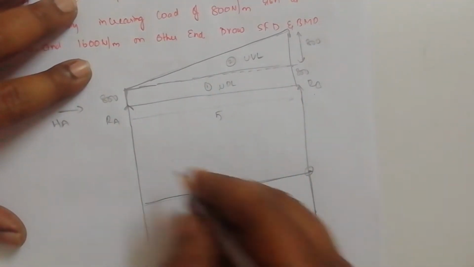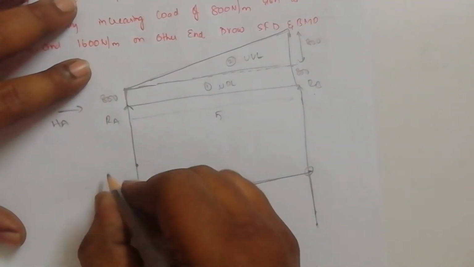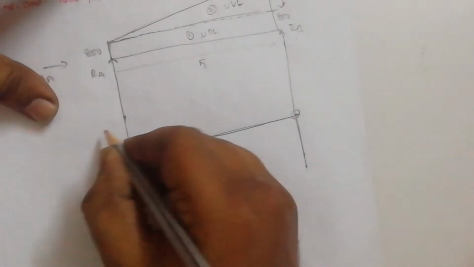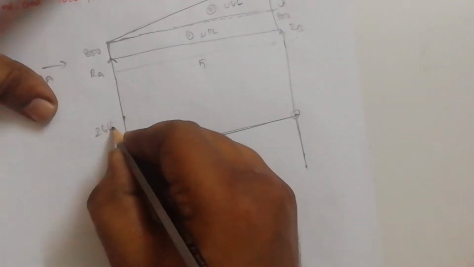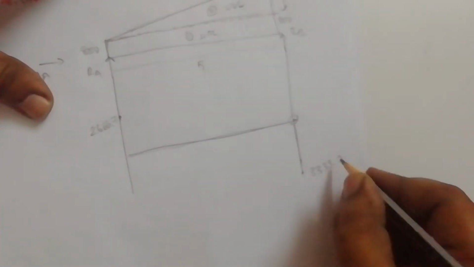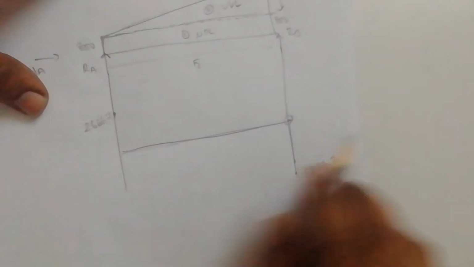From point B to point A, again we will get another value, 2666.7, which is positive. So I will take 2666.7, and here we have 3333.3. You have to join these two values.